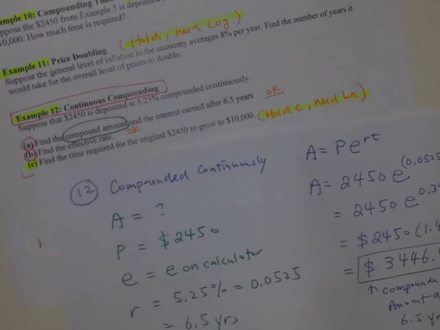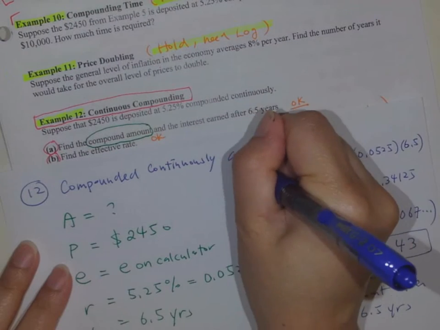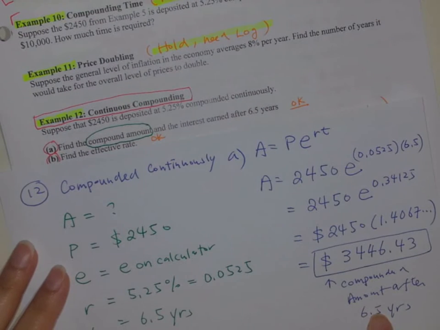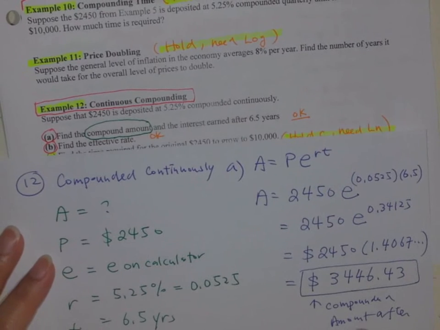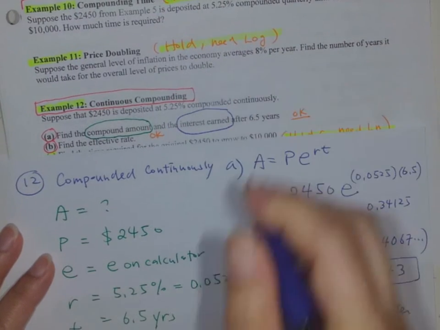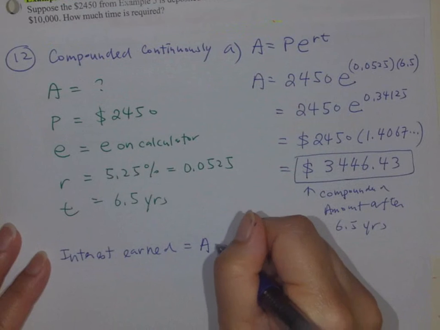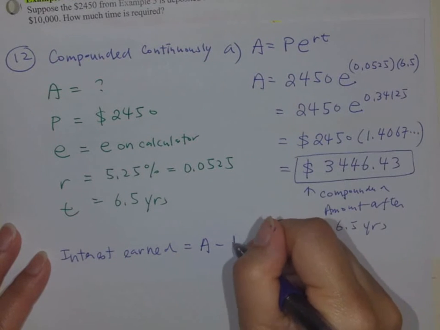So number 12A also asks you to find the compounded amount and also the interest earned. How do we find interest earned? Interest earned is going to be your accumulated amount subtracted by the principal, right?